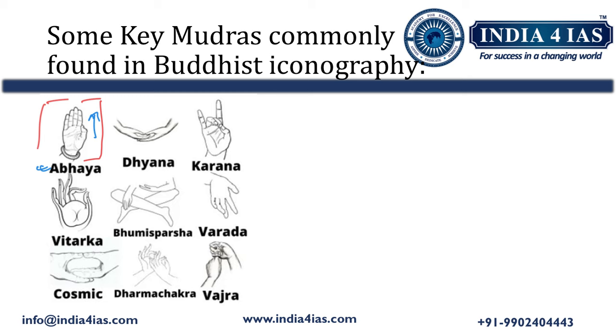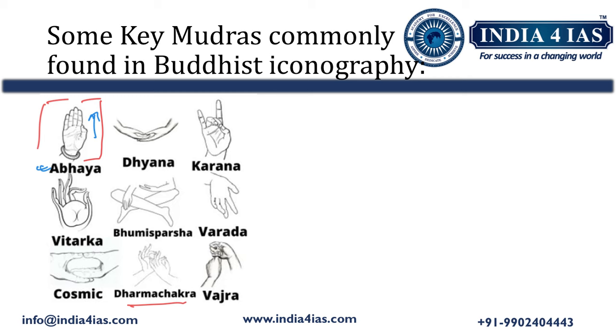So now we will briefly study about the other mudras associated with the Buddhist and their meanings. So the first one being Dharma Chakra Mudra or the wheel of Dharma. So this gesture symbolizes the turning of the wheel of Dharma, that is Buddha's teachings. So both the hands are held at the chest level with the thumbs and index fingers forming circles.